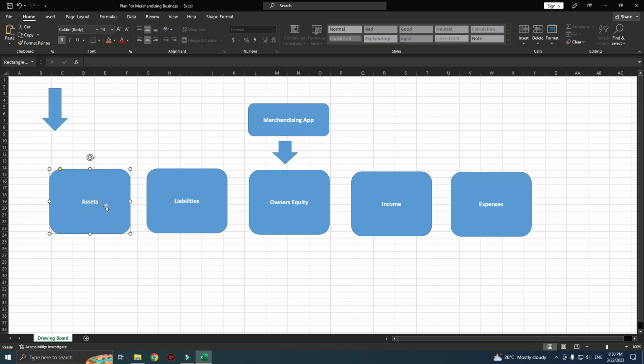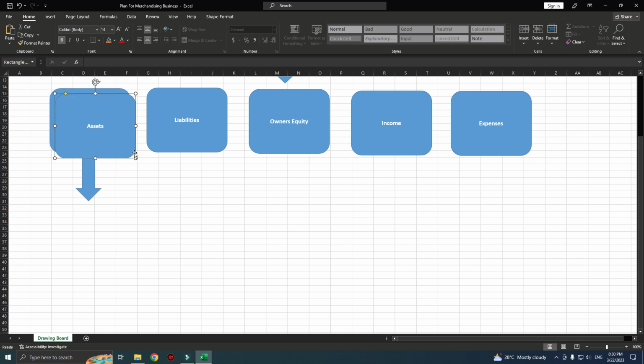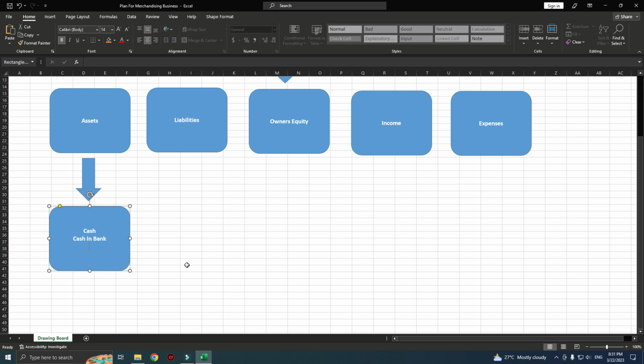And in the assets, we have lots of data. We will have cash, for example. We have cash in bank also. What else? We have accounts receivable.